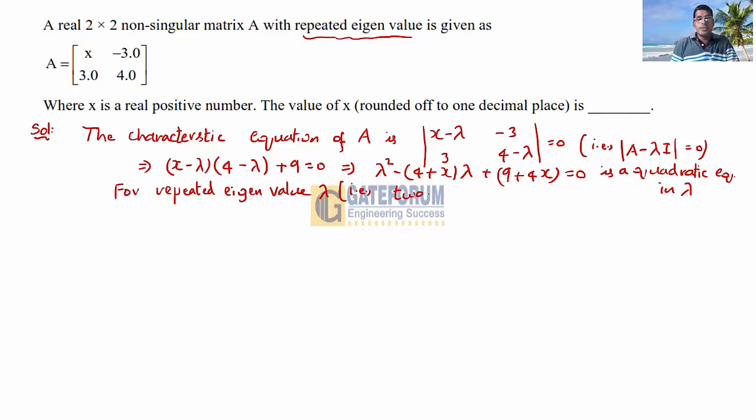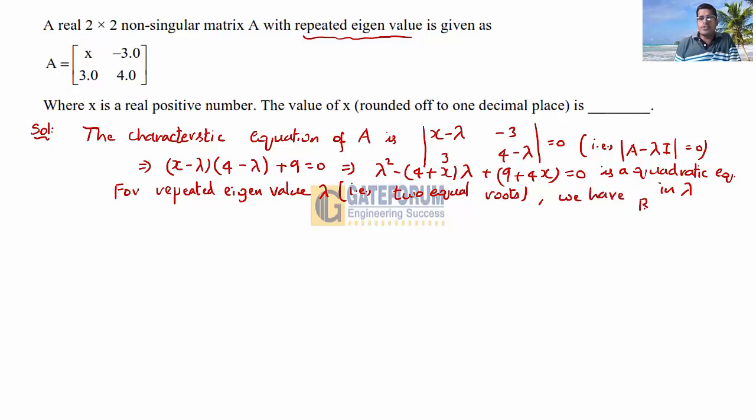A quadratic equation has either two distinct real roots, or two real equal roots, or two imaginary roots. Imaginary roots always occur in pairs. So here the two roots being repeated automatically means real only, two equal real roots.